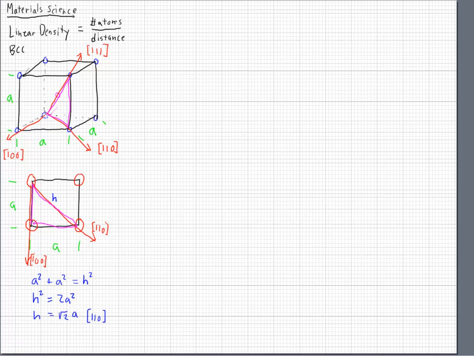As we just determined, this distance here from corner to corner on the plane is h. This height here is a. So we'll make our triangle right here, with h along here and a.